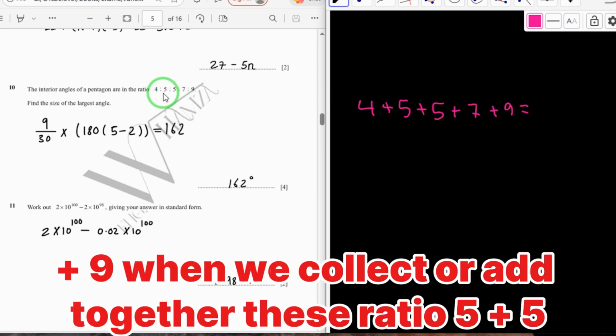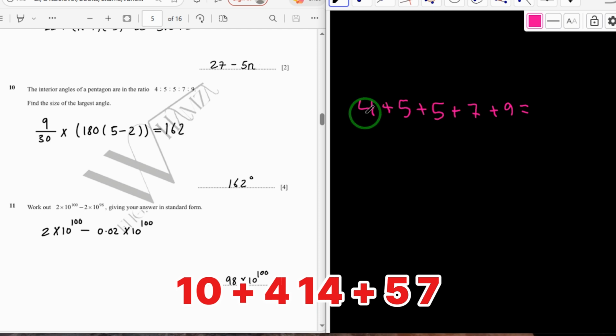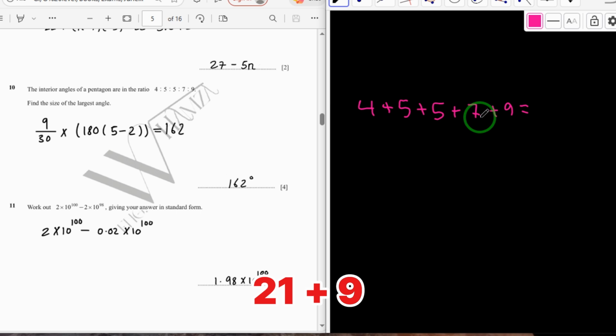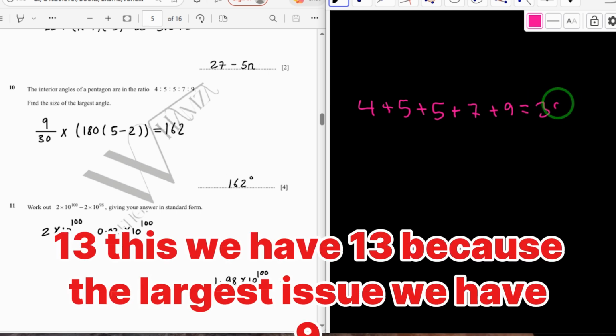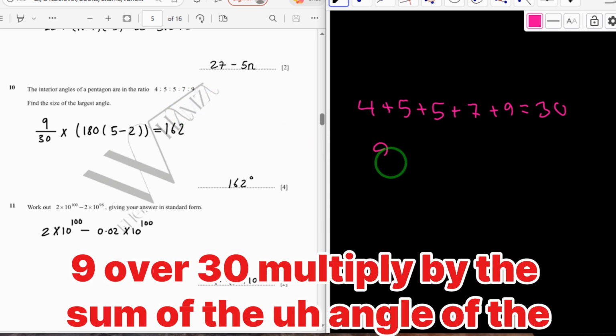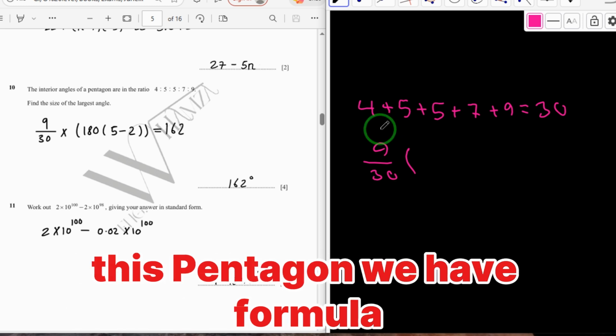When we add these ratios together, 5 plus 5 is 10, plus 4 is 14, plus 7 is 21, plus 9 is 30. The largest ratio we have is 9 over 30 multiplied by the sum of the angles of this pentagon.